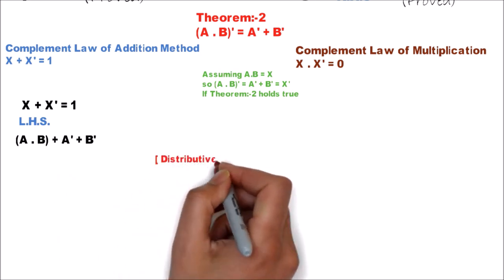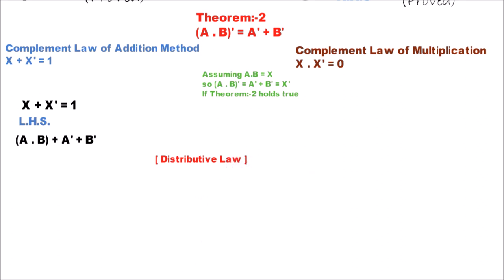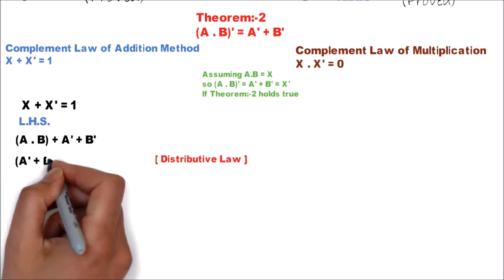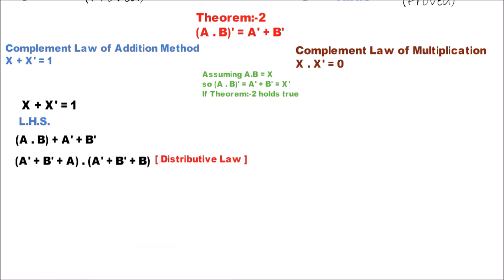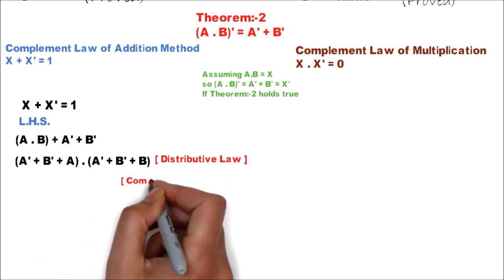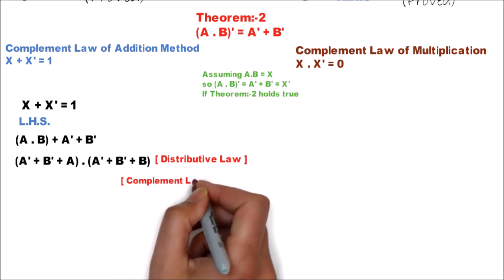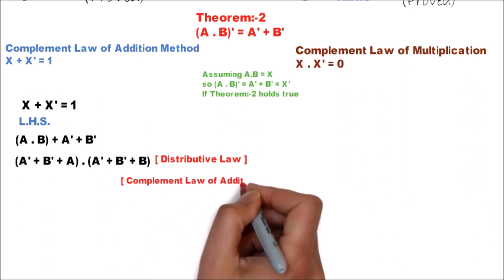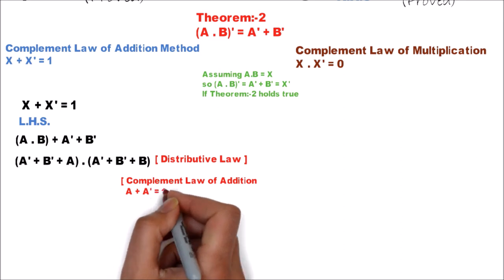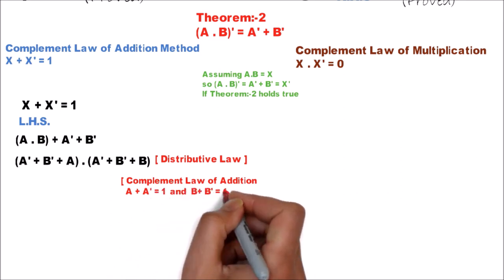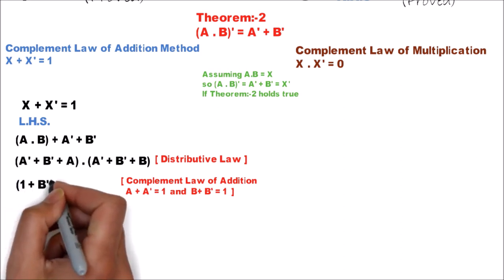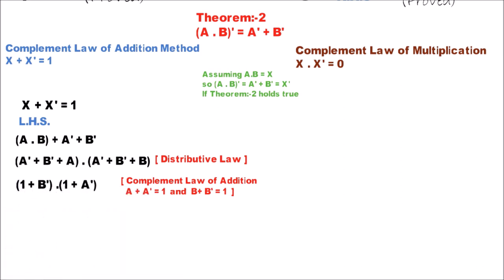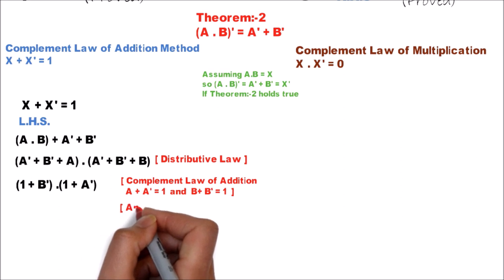Applying the distributive law of addition, it can be written as (A complement plus B complement plus A) dot (A complement plus B complement plus B). Now the complement law of addition states that A plus A bar equal to 1 and B plus B bar equal to 1, and the statement will be (1 + B complement) dot (1 + A complement).